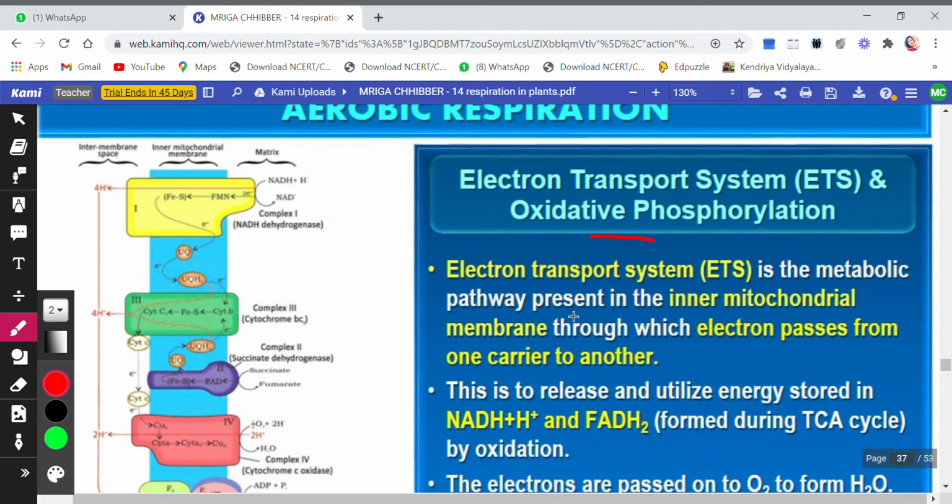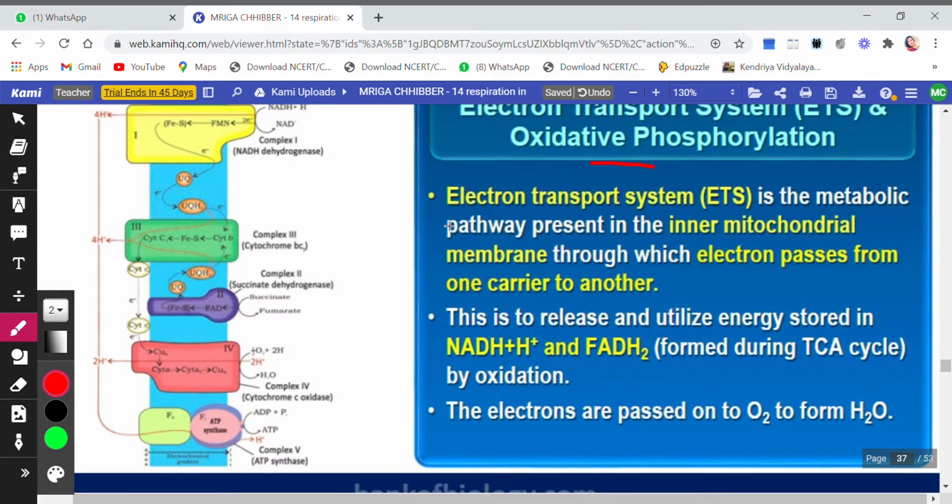We'll be doing this. So as you see, the electron transport system or ETS is the metabolic pathway which is present in the inner mitochondrial membrane, that is the inner membrane of the mitochondria, through which electrons will pass from one carrier to another.